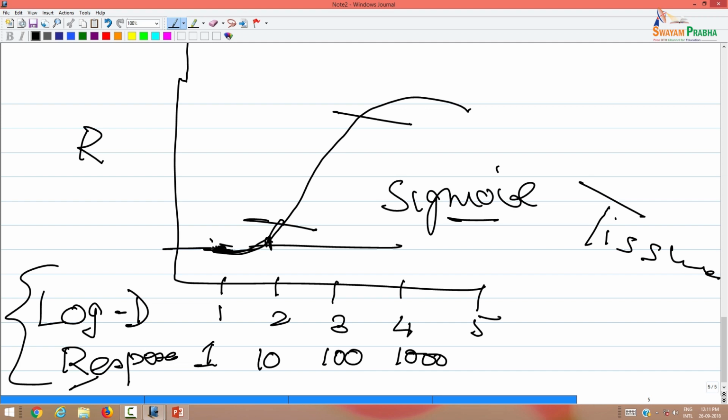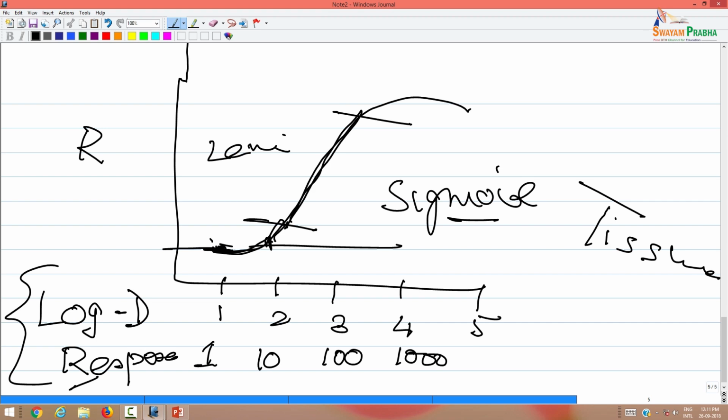Now, from this place to this place, what you see is an almost linear part of the graph. This linear part means the way you increase the concentration, in the same proportion the response is increasing, and this part is therefore used for all types of comparison.